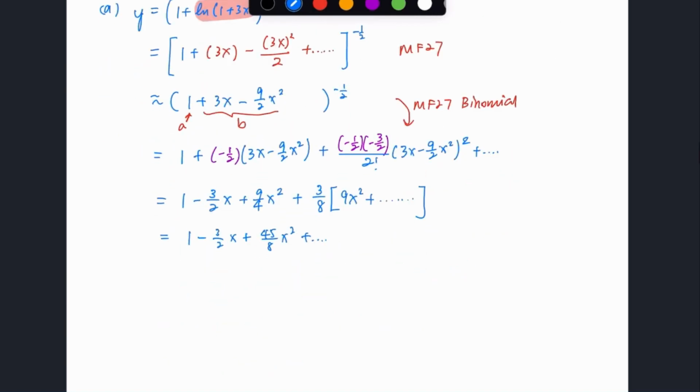Part B. Deduce the approximate value of the integral from 0 to 1 of y dx. So this will be approximately, we're going to approximate using the expression over here which we have already found, because the polynomial will be easy to calculate. This is not a difficult thing to integrate.